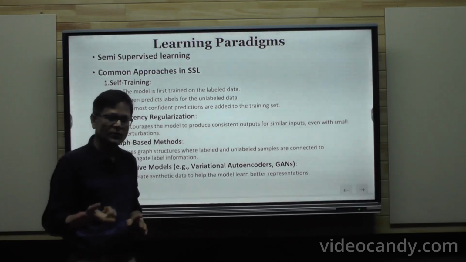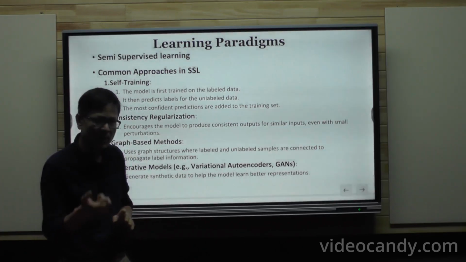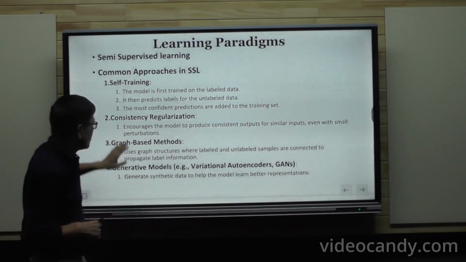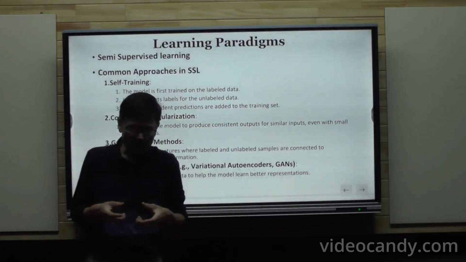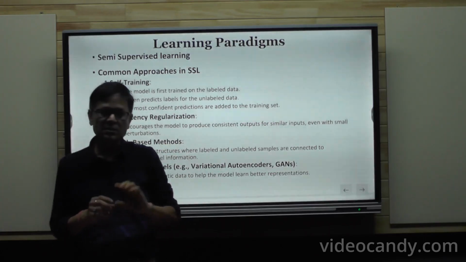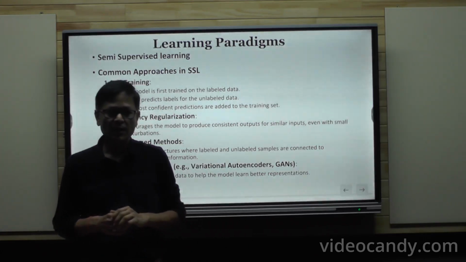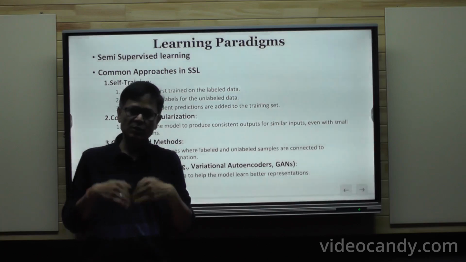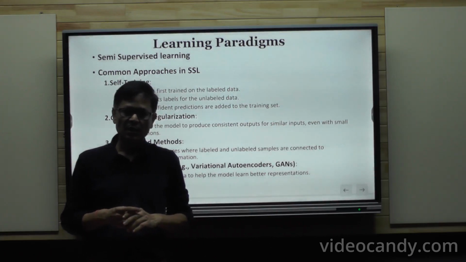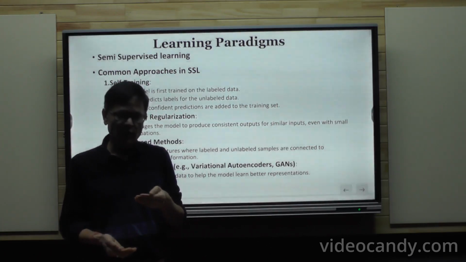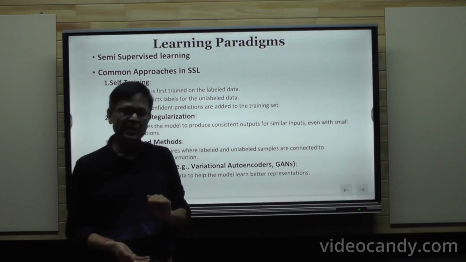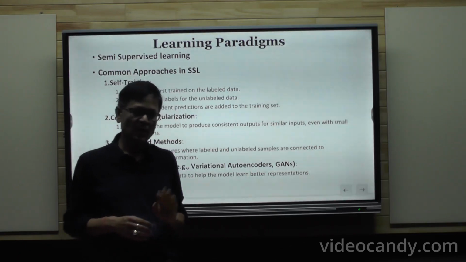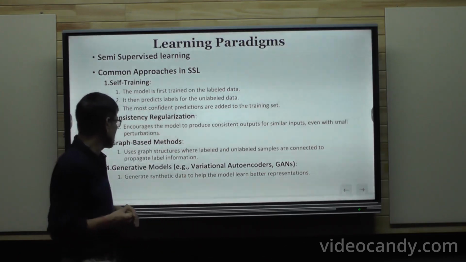Then you predict the labels of unlabeled data. The most confident predictions are added to the training set. Whenever you are sure that this is the correct prediction, you add it into the training set. So the training data set keeps increasing, whereas the unlabeled data set keeps decreasing. At the end you have the majority of labeled data.